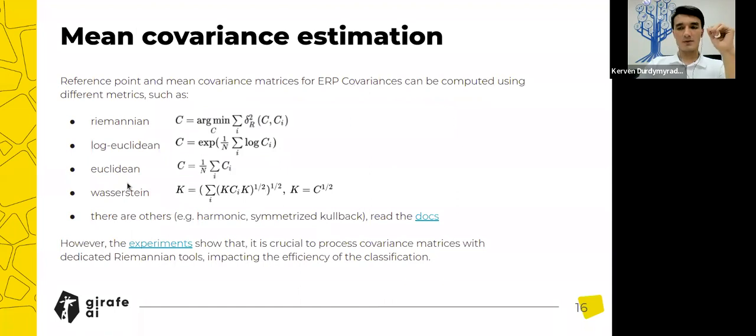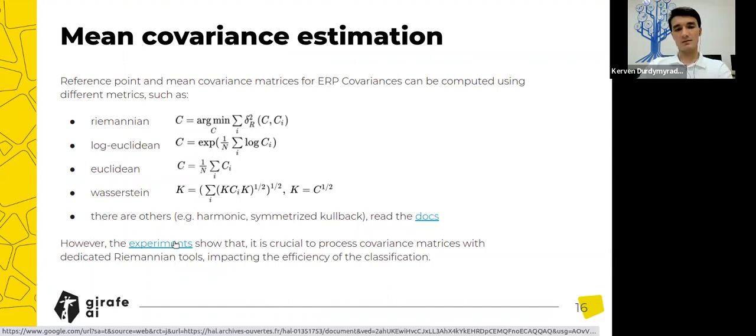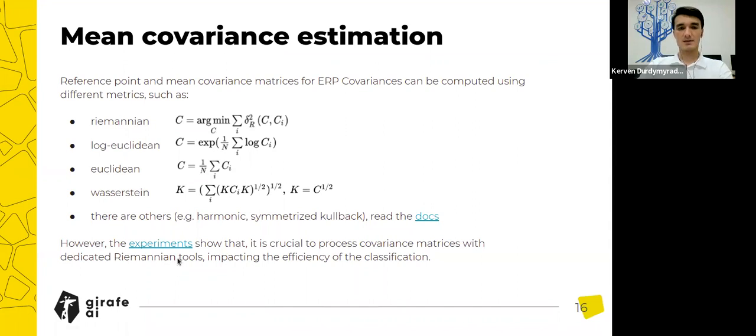But for the classification task, the best one is the geodesic distance, I mean, the Riemannian distance and Riemannian mean. It's explained in depth in this link, in these experiments. As a result of this experiment, it is shown that the best one for the classification task is the Riemannian geodesic distance.